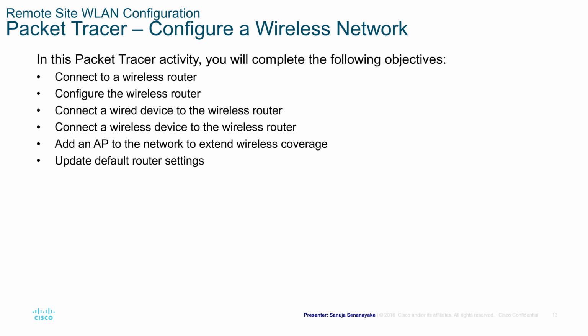So there's a Packet Tracer file called Configure a Wireless Network. If you have access to this Packet Tracer file, please go ahead, download it and do it. If you do not, I will find a copy and post it to my website, and you can download it there and do that particular activity, and that will enhance your understanding of the concepts that we have covered.